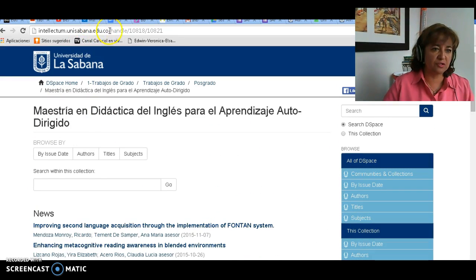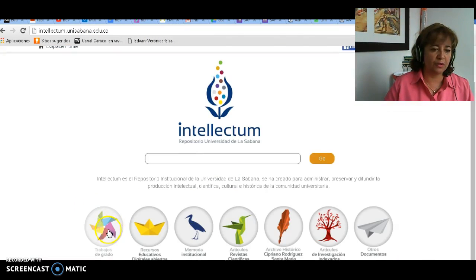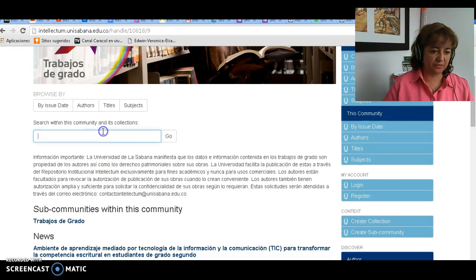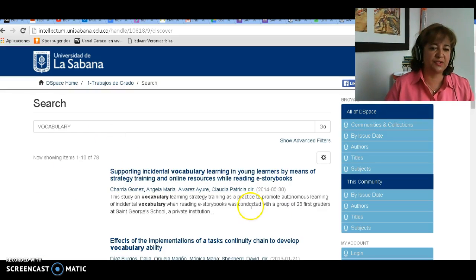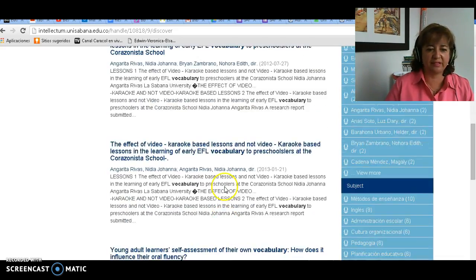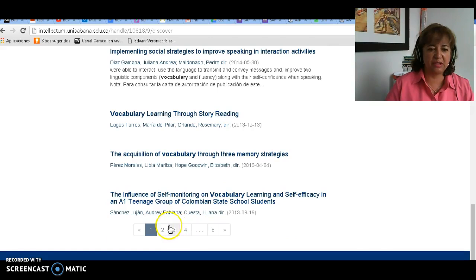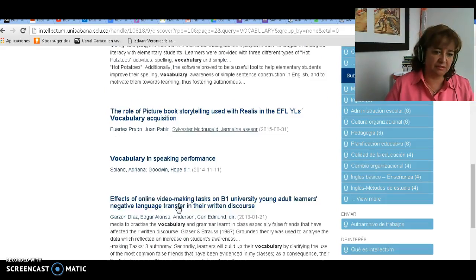If not, the second option is going to Universidad Intellectum, Unisabana, going to Trabajos de Grado, and you can, for example, write a topic, vocabulary, and you will find interesting titles: supporting incidental vocabulary learning in young learners by means of strategic training and online resources, effects of the implementation of task continuity to develop vocabulary ability, the effect of video, etc. So some of these indeed might be useful for your research, since they are about an area of your interest.